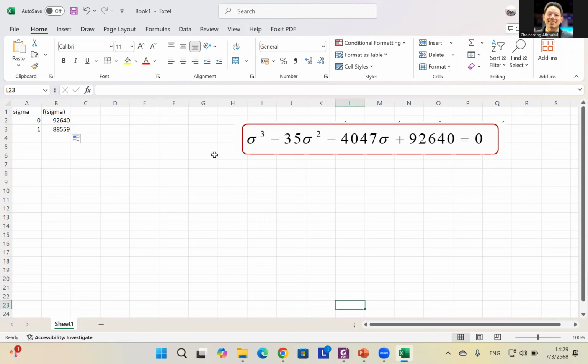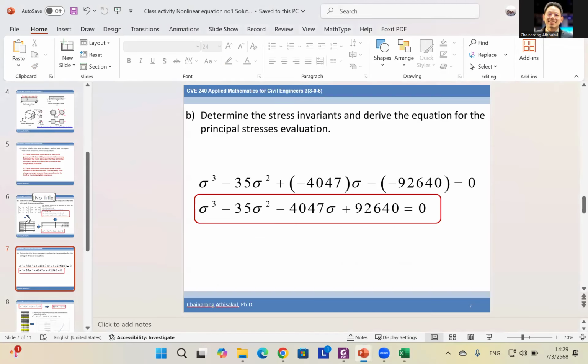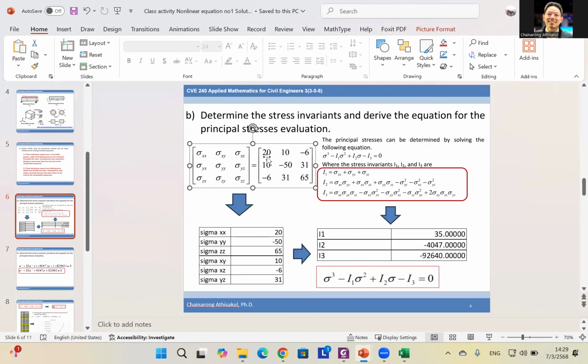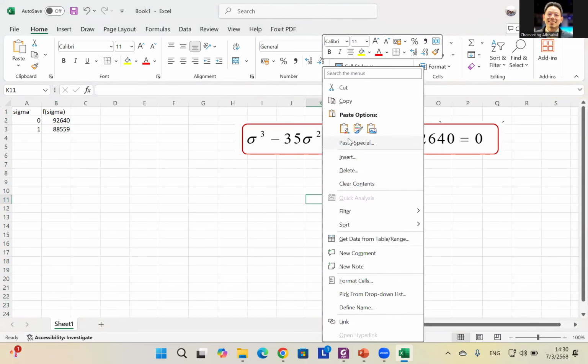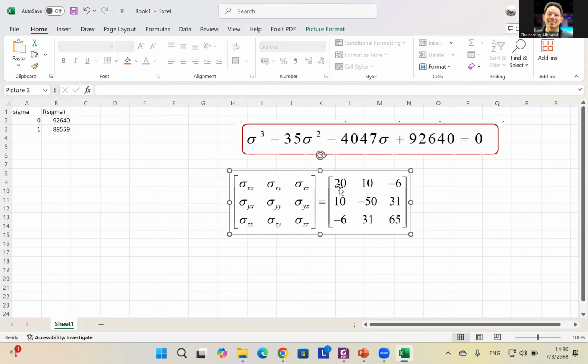So maybe consider the principal stress to guide us. The principal stress is the normal stress on the plane that has no shear.